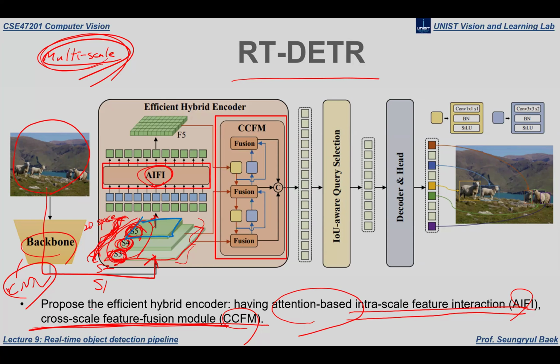They only use S5 to apply the attention mechanism. This has fewer tokens compared to S3 or S4, so this is one reason why their encoder becomes faster and more efficient than the original DETR.